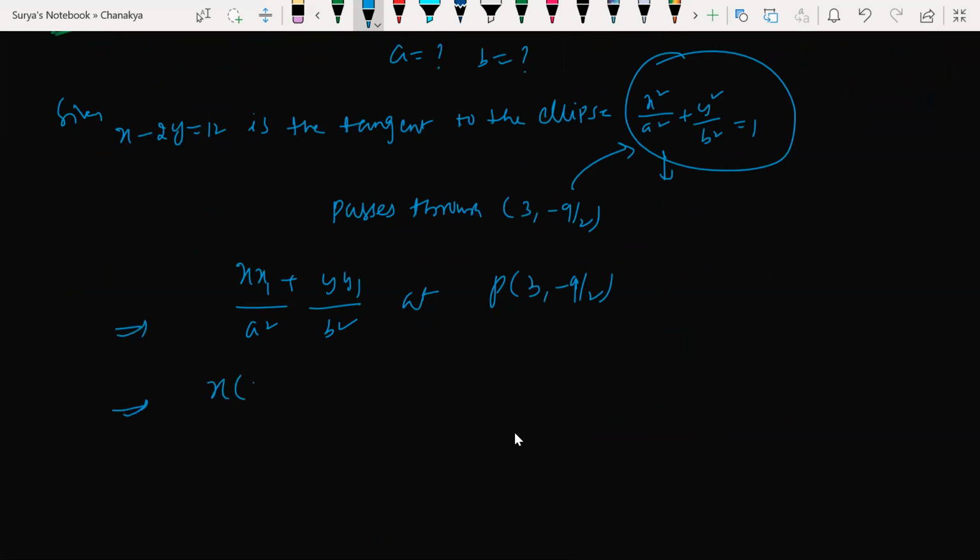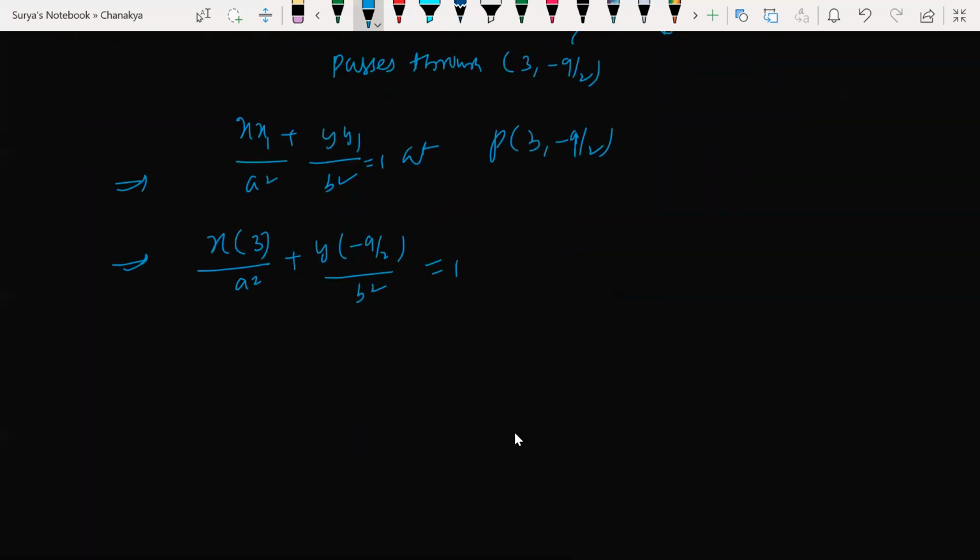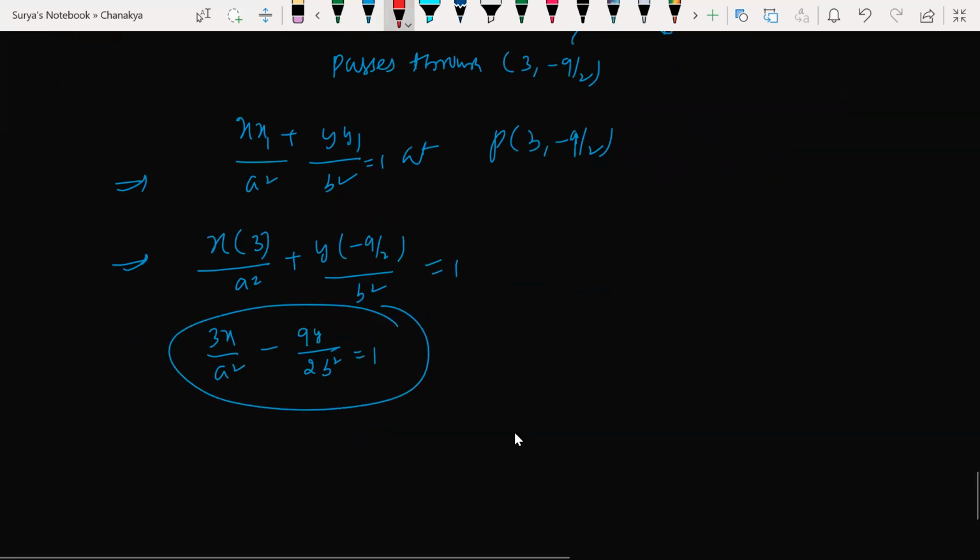X into x1, 3 by a square plus y into minus 9 by 2 by b square, correct? Is equal to 1. Yes or no? So 3x by a square minus 9y by 2b square is equal to 1. Sir, why did you use that? Because I know the equation of the tangent in point form. ये कर लेते हैं हम लोग. This is a better thing. ठीक है? In point form.